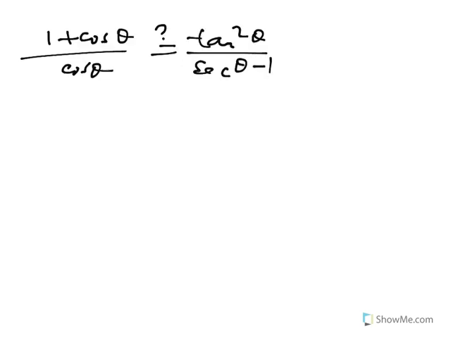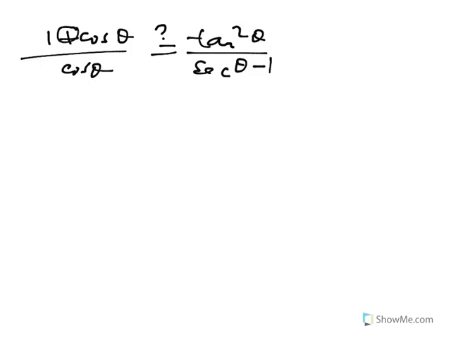So here's an involved looking trig identity. And I'm going to work with this left-hand side. I'm going to see if I can get it to equal the right-hand side. What I'm noticing about the left-hand side is that it's a fraction, and there's this plus sign here.